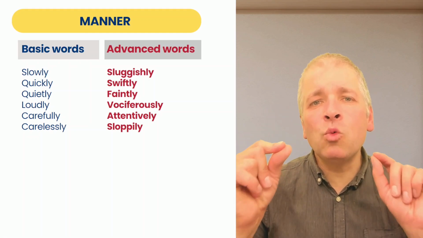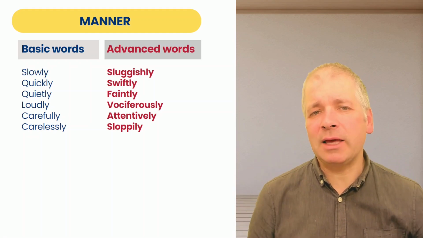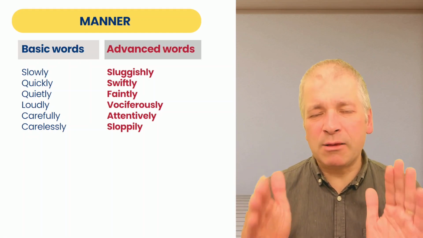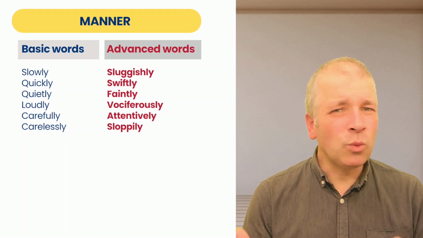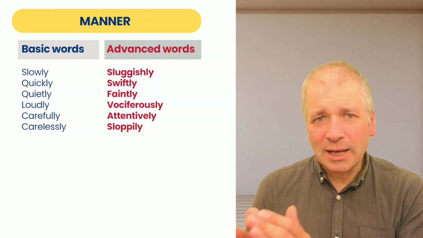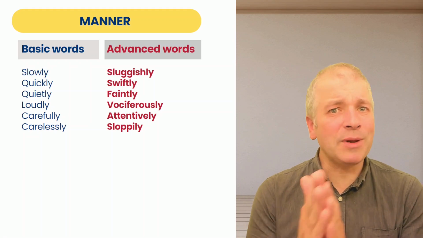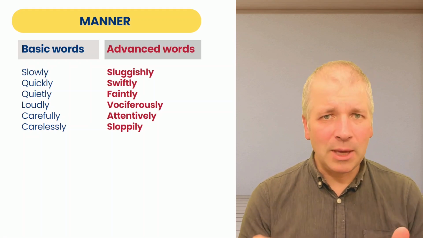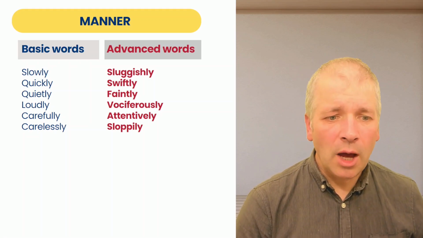But you probably wouldn't use faintly if you're giving an instruction. Please speak quietly. You wouldn't say, please speak faintly. So faintly works with some meanings of quietly, but not others. So be aware of that.